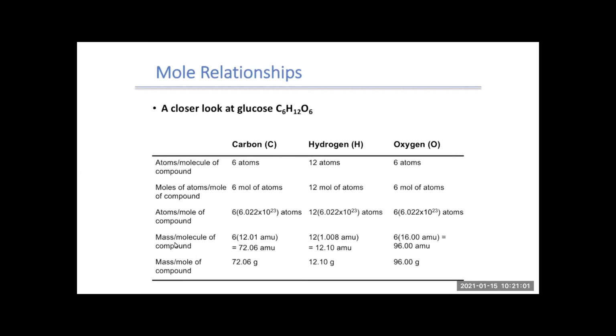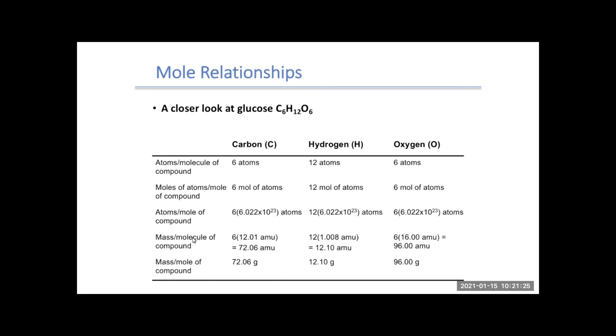If I want to figure out the mass of the carbons, it's 6 times the mass of a carbon atom, 12.01. If I want to figure out the mass in grams, it'd be 6 times that 12.01 would give me 72.06 grams instead of atomic mass units, because it's still the exact same number.